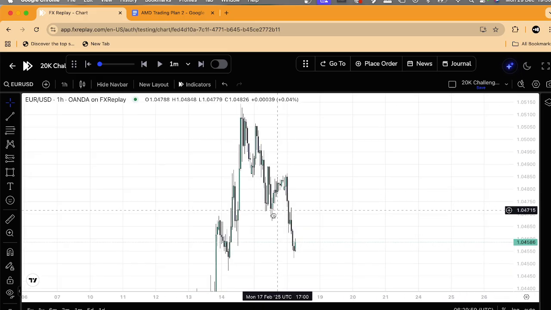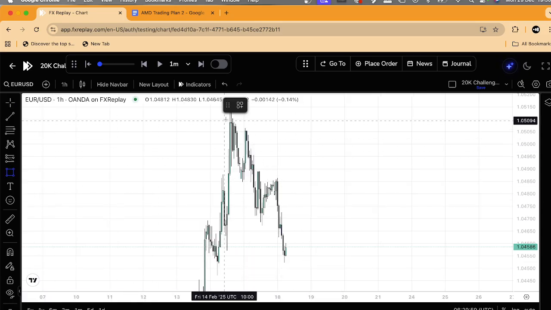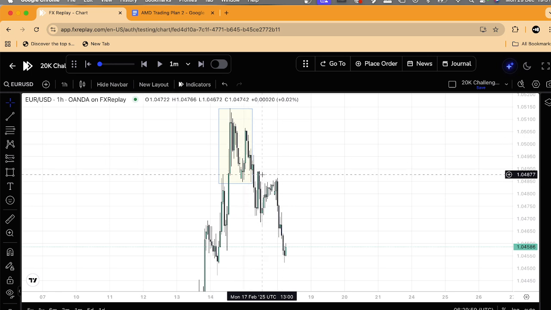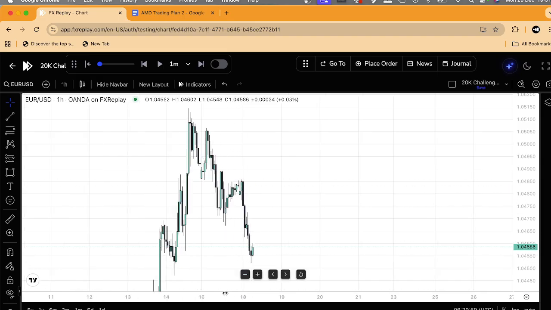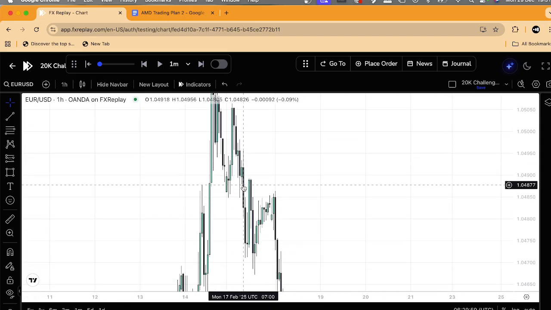So anyway, coming back to this now, remember yesterday on the session we just did, this was what we were looking at. Interestingly, we actually did come back up and invert that. But if you look at this fair value gap, it's not in the range.